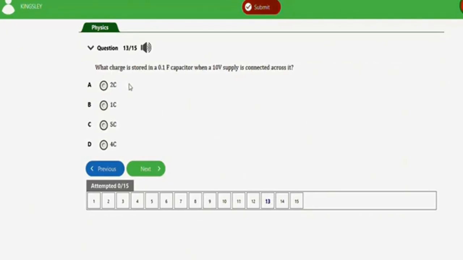Okay, so the next repeated question will be this one. It says, what charge is stored in a 0.1 farad capacitor when a 10-volt supply is connected across it? Okay, so remember the conventional formula, we have it to be C equals charge over voltage. This is V. So the capacitor here is 0.1 equals, we are looking for the charge, call it X, over the voltage is 10.